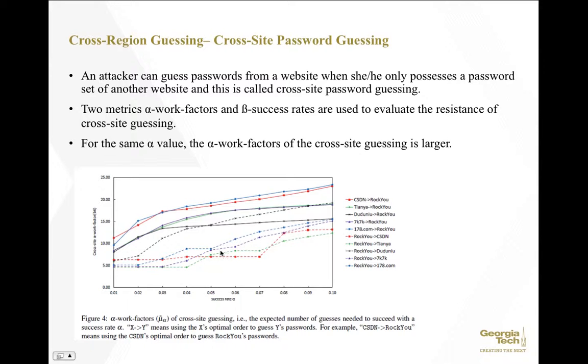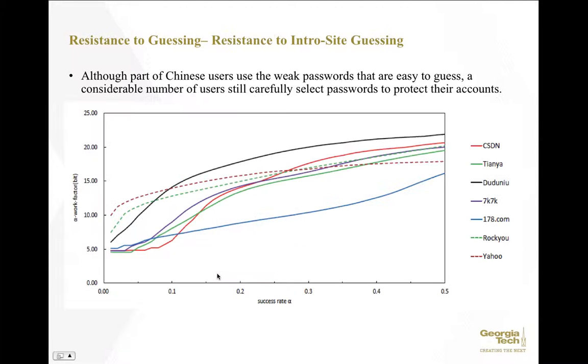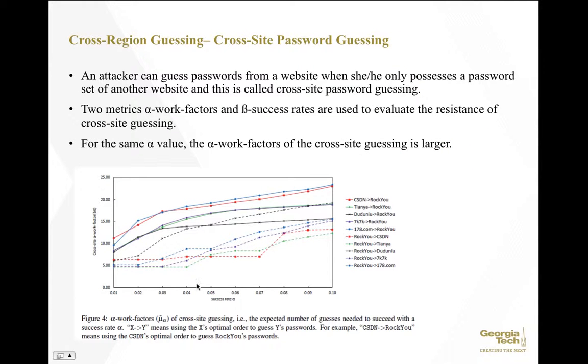If you compare this chart to the previous chart, for the same success rate, the alpha work factor increases a lot for cross-set guessing. So this means cross-set guessing is harder than in-site guessing.